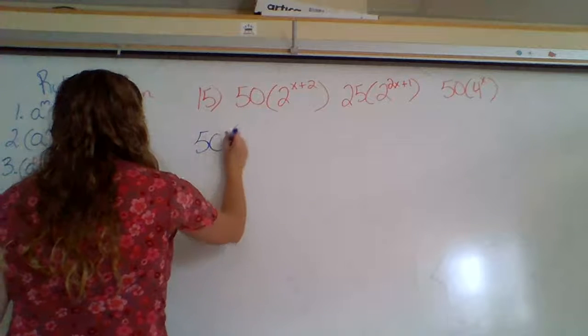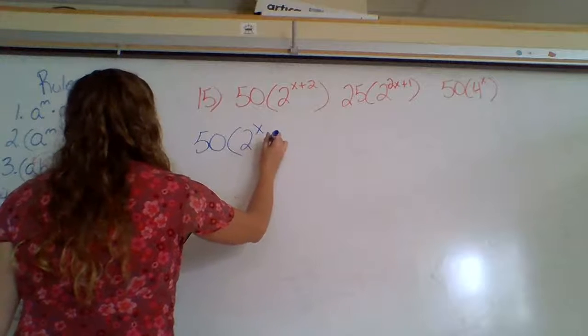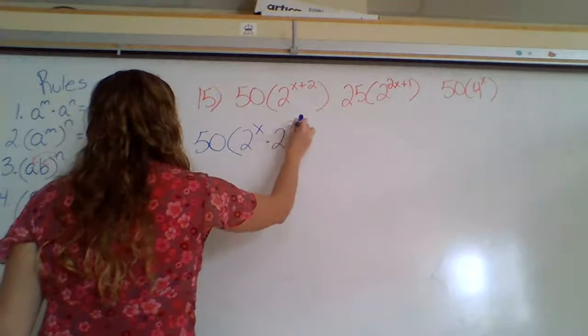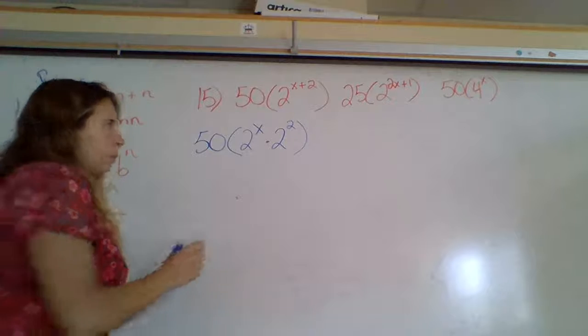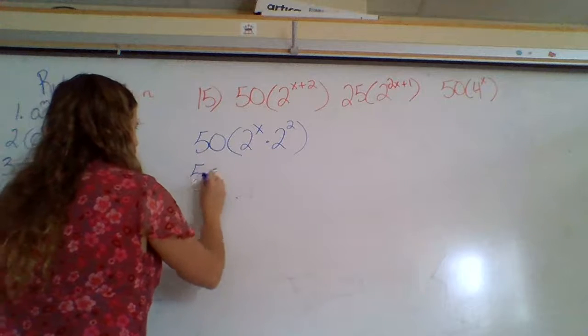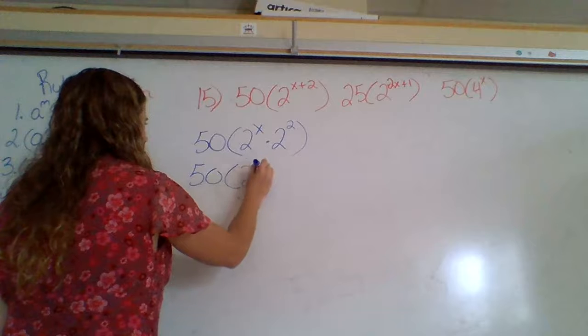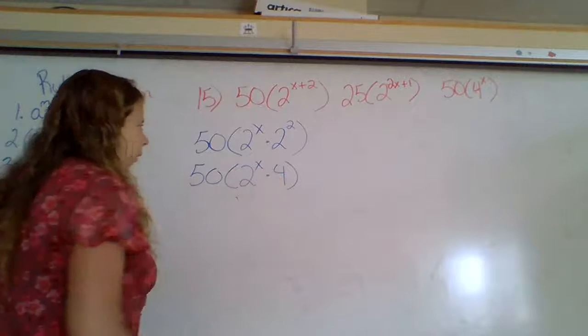Okay, so I'm going to rewrite this. So I have 50 times 2 to the x times 2 squared. That's just 2 to the x, and then 2 times 2 is 4. Right?